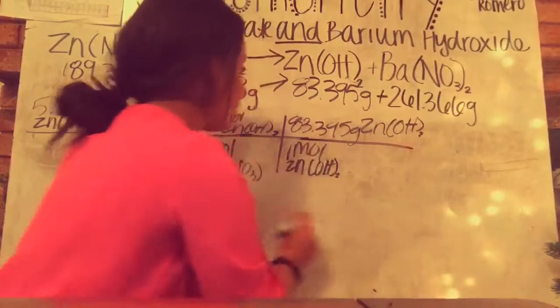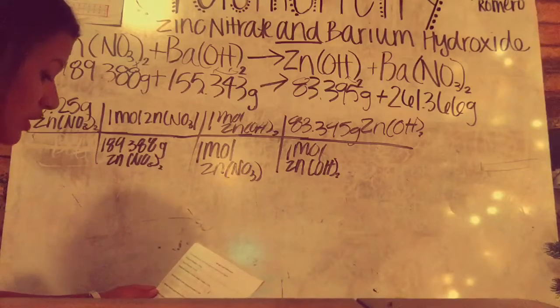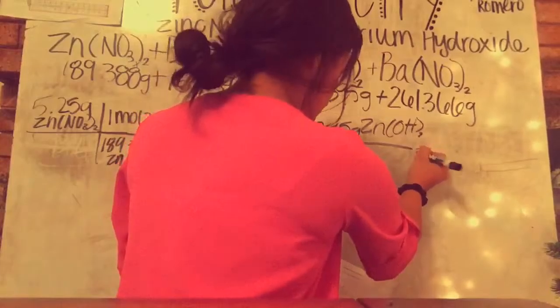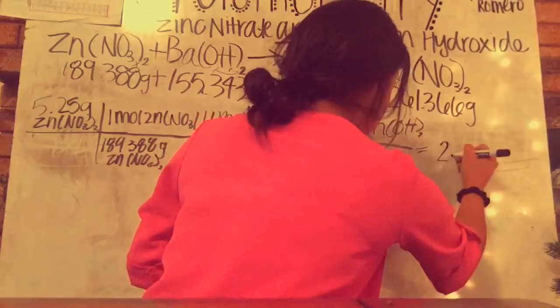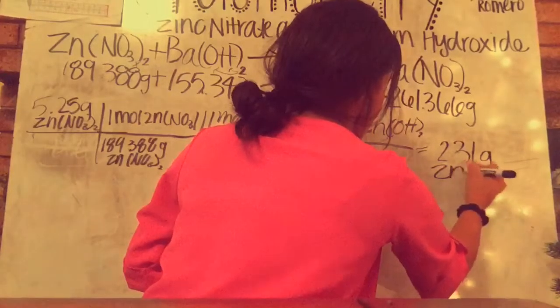Okay, so we are going to multiply across the top and divide by the bottom. And what we are going to get is 2.31 grams of zinc hydroxide.